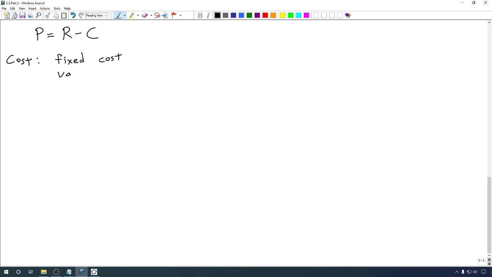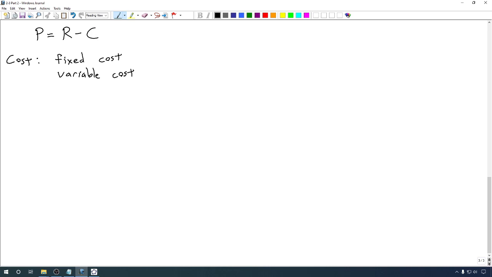Then we also have a variable cost. This depends on X, of course. It varies over X, and this probably represents the materials that are used to create whatever units we're talking about. So to produce 2 pizzas takes twice as many materials as it did to produce 1 pizza.